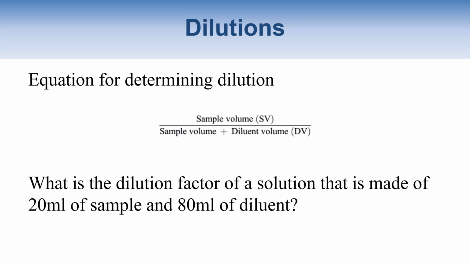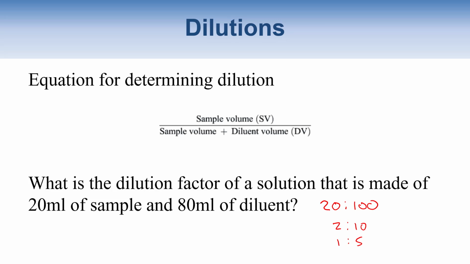What is the dilution factor of a solution that is made of 20 milliliters of sample and 80 mils of diluent? Well, this would be a 20 to 100, or a 2 to 10, or if we want to reduce it, a 1 to 5 dilution.